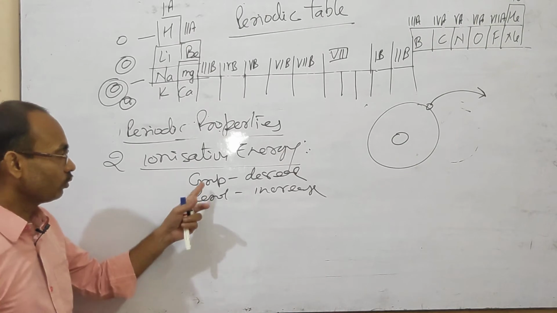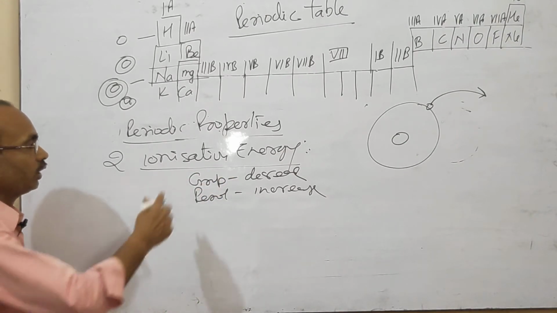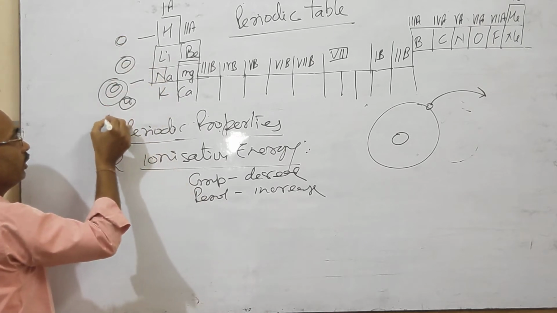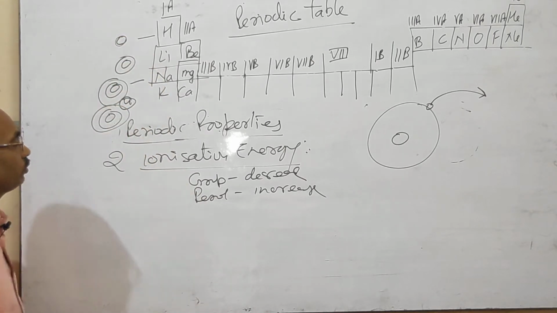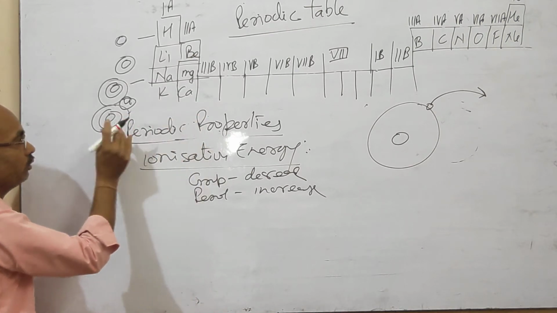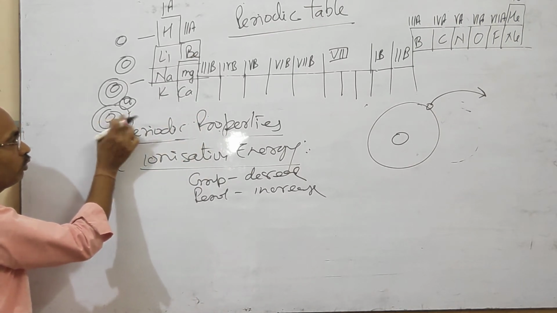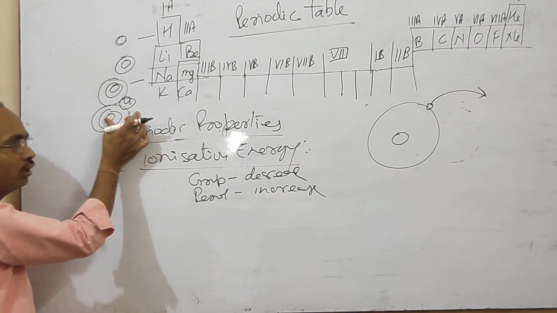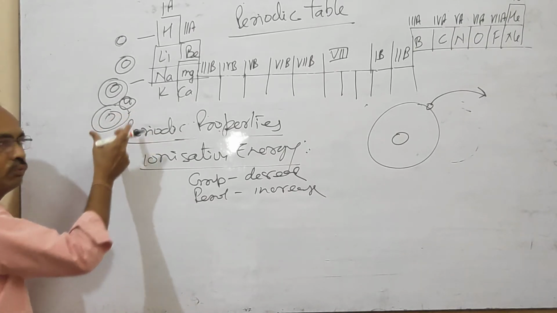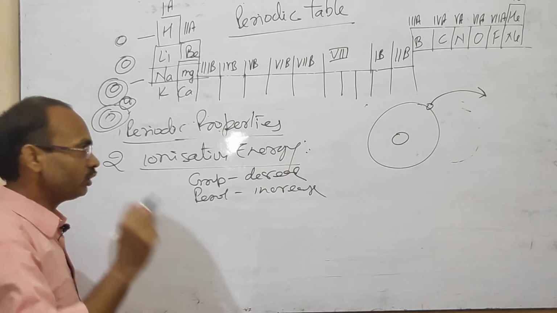In a group, ionization energy decreases because the atoms at the top have very small size and those below have very large size. Due to the large size, the electron is removed easily, because there is a distance from the nucleus to the outer electron, and the electron can be removed by less energy.